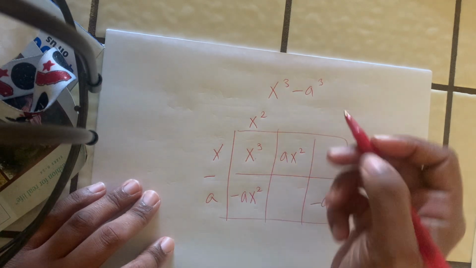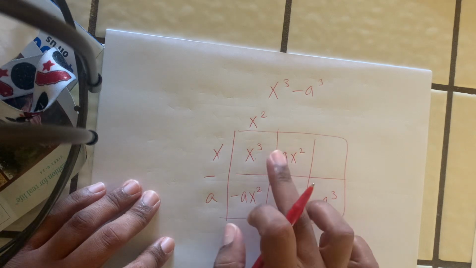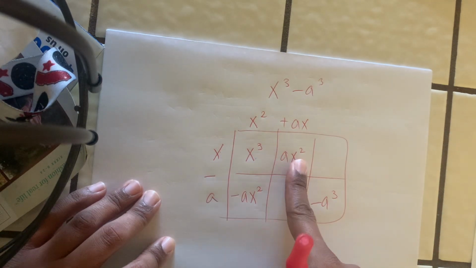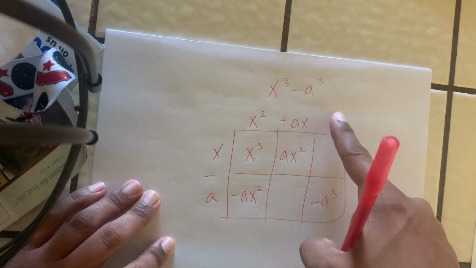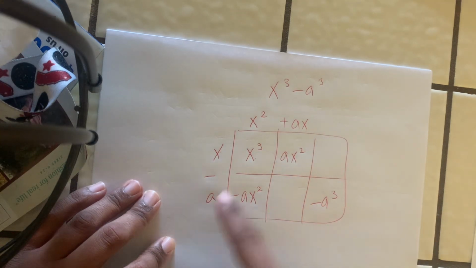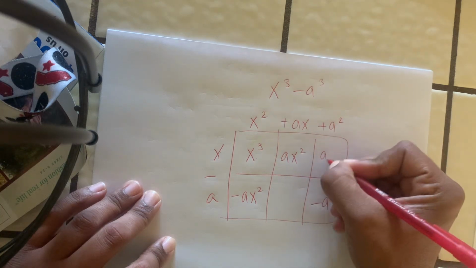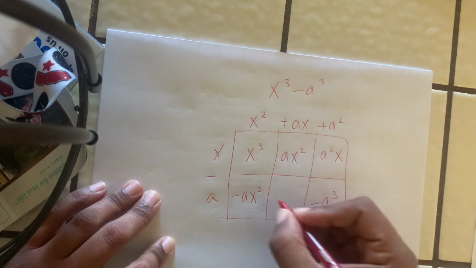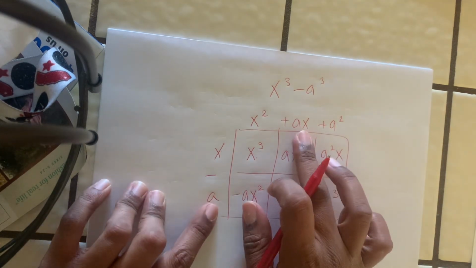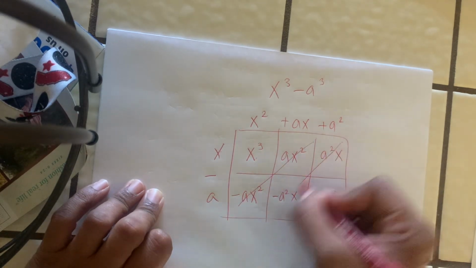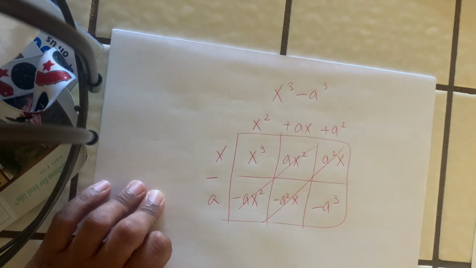But if ax squared is here, ax squared would come from having ax times x. Now, here, in order to get negative a cubed, I have negative a times a squared, which would result in a squared x, and then right here, negative a times ax would be negative a squared x. Note, those cancel, and we're left with this, okay?